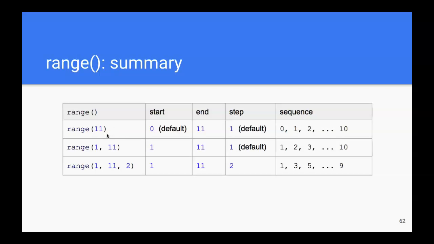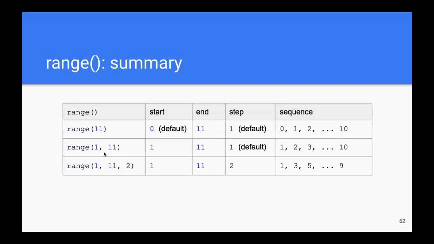With just 1 number, that number is the ending number. The starting number defaults to 0 if you don't specify it. The step is 1 by default. So the sequence that range 11 generates starts at 0, 1, 2, 3, and goes all the way up to 10, not including the end.